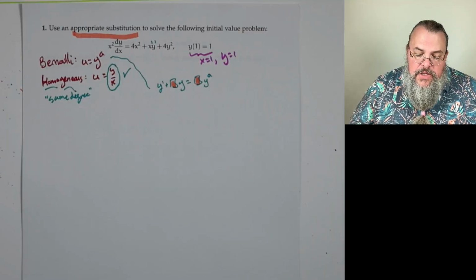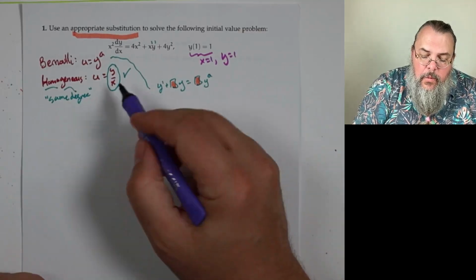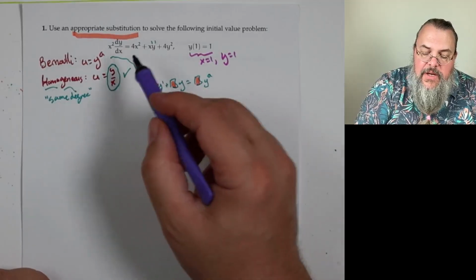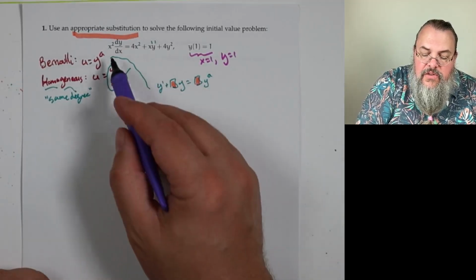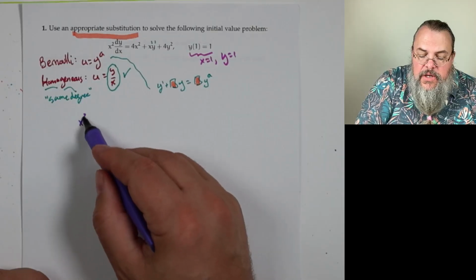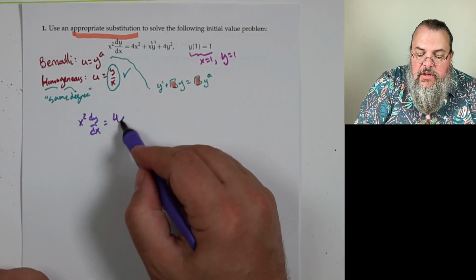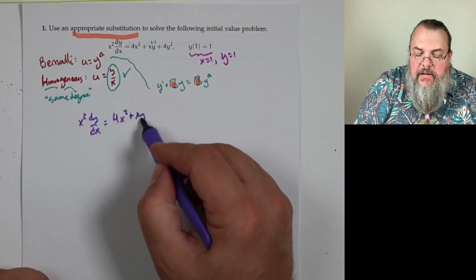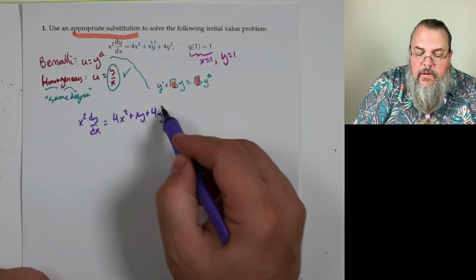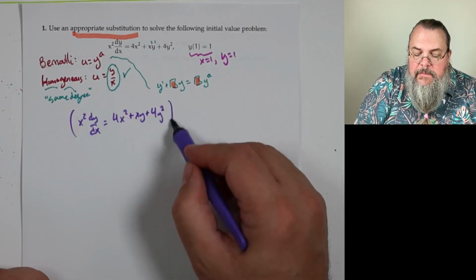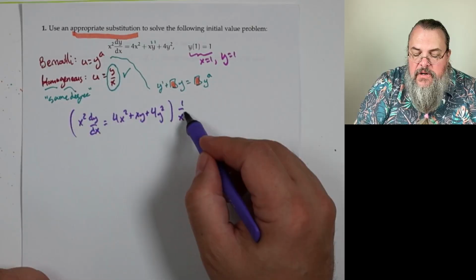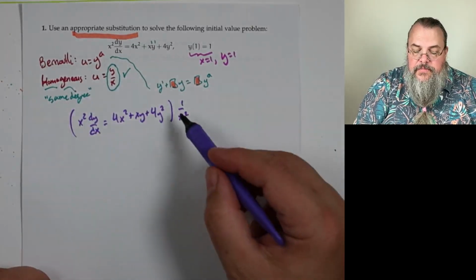And speaking of which, given that y over x is our substitution to make, what we can do is we can start with our original equation and do what? Well, we're going to make it look like everything has a y over x. So I'm going to multiply both sides by 1 over x squared.